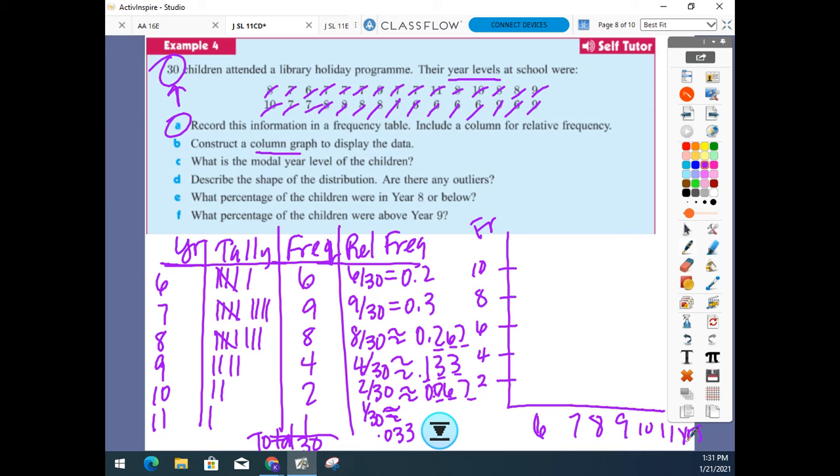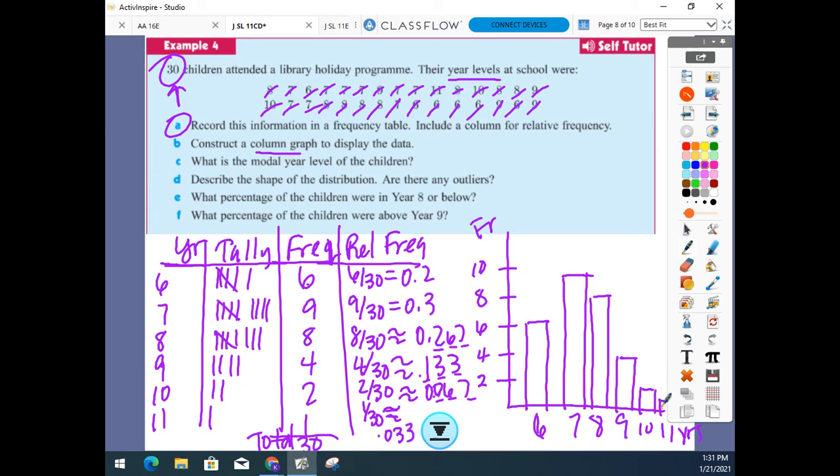All right, so 6 goes to 6. And since these are discrete values, I need space in between my 6 and 7. 7 is 9. 8 is 8. It should be equal widths, but mine's kind of squished here. 9 is 4. 10 is 2.